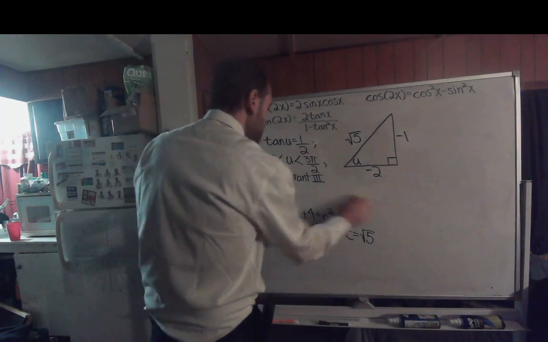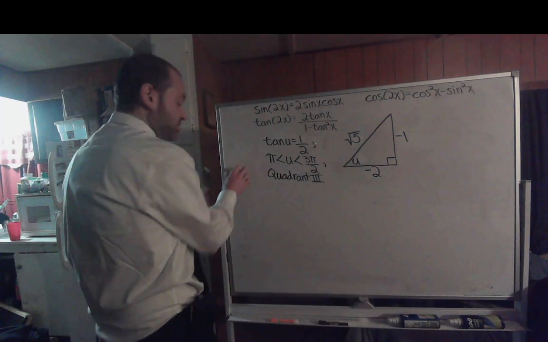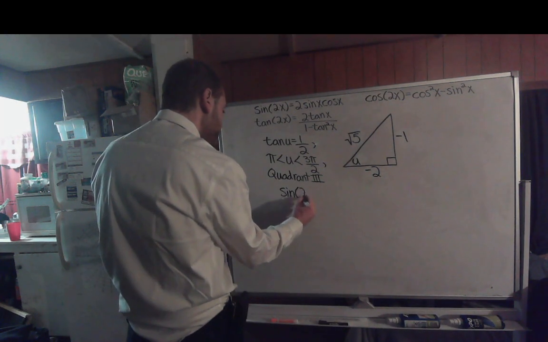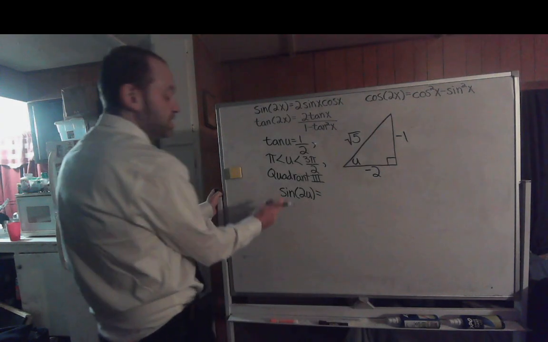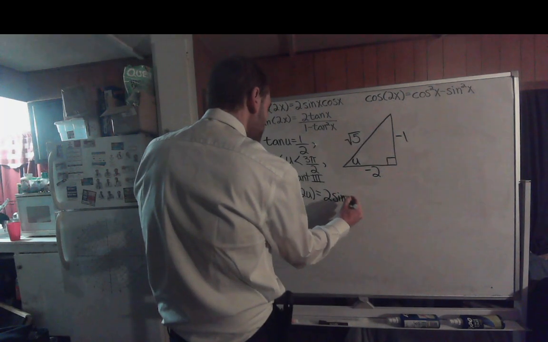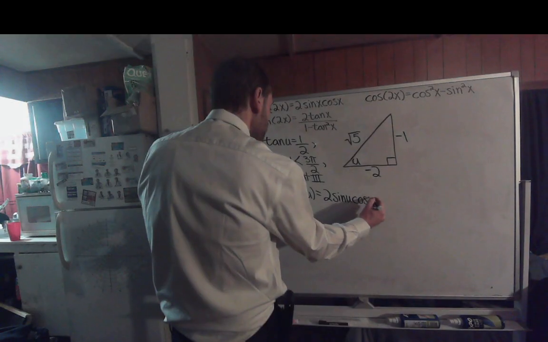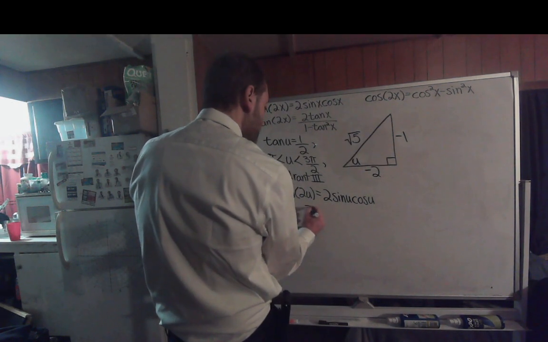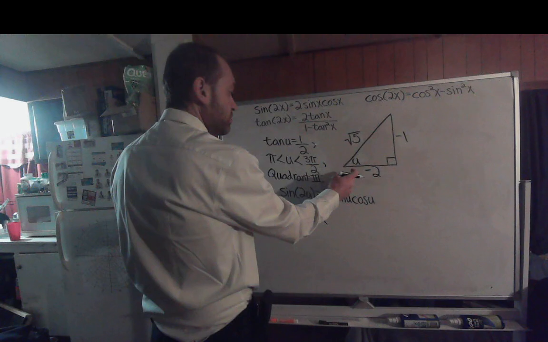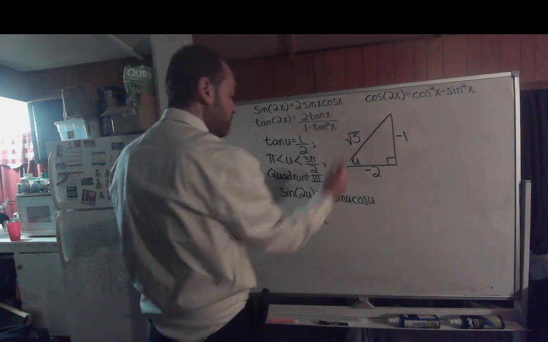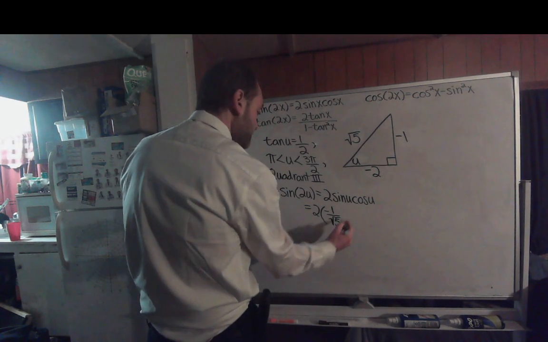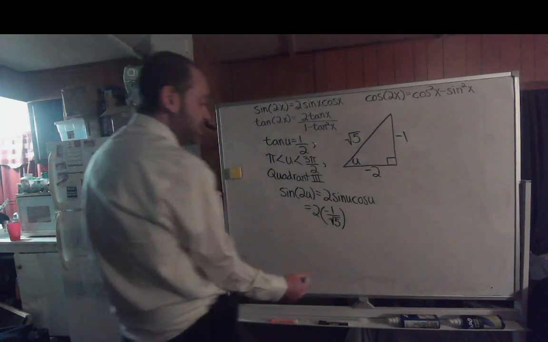Alright. Now we're going to do like we did in the last exercise. We're going to start with the sine of 2u. Well, let's apply the double angle formula for the sine function. So that would be 2 times the sine of u times the cosine of u. Now we just got to plug in values. So take 2 times, now what is the value of the sine of u? That would end up being -1 over the square root of 5. And actually it's going to work out nicely for once if we don't rationalize the denominator.